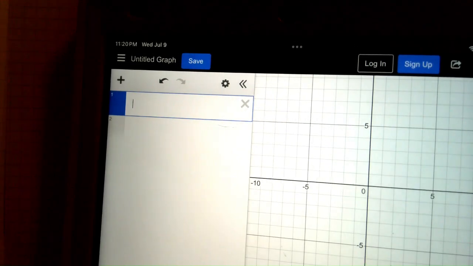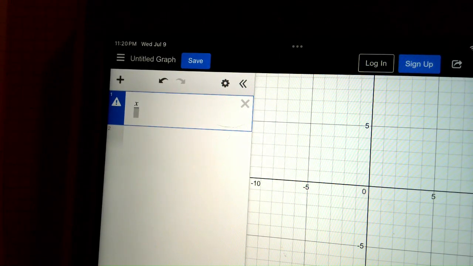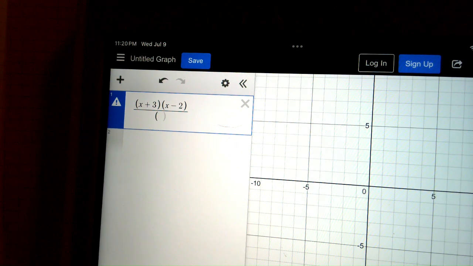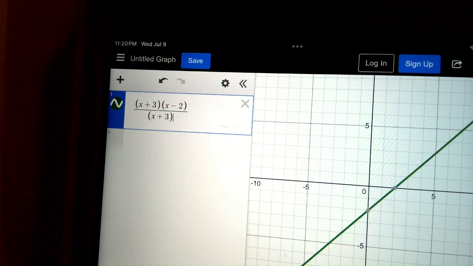Okay. So again, when I'm using this, I like to do my division sign first. So we had x plus 3, x minus 2, and a denominator of x plus 3 and x minus 5.